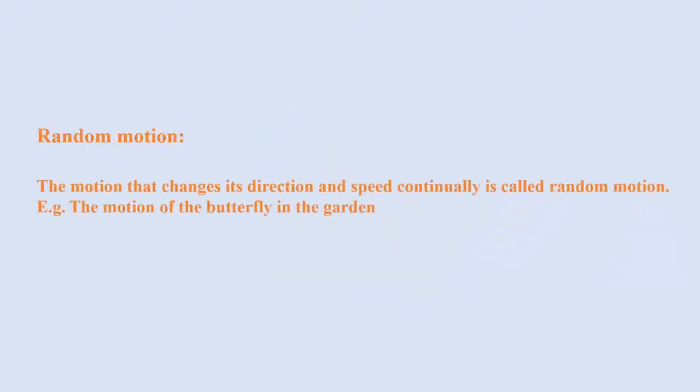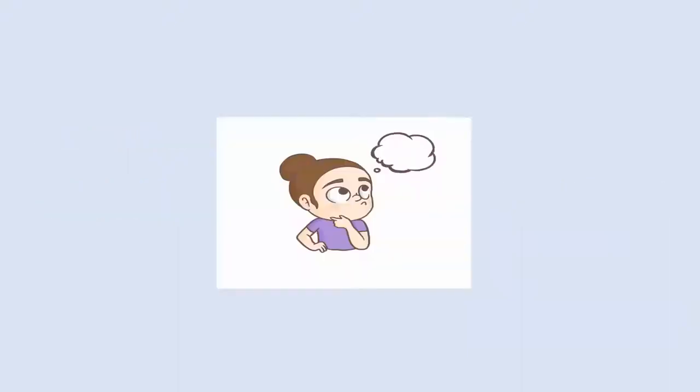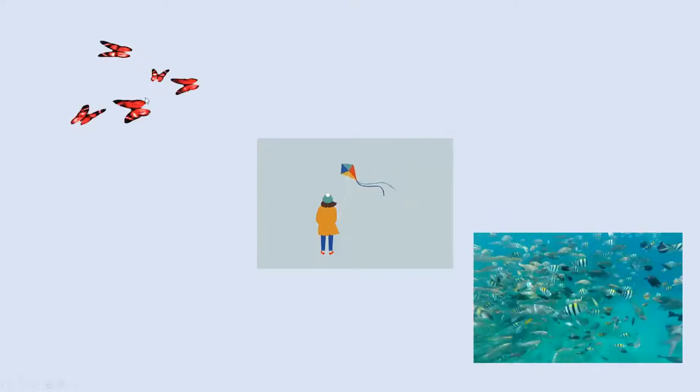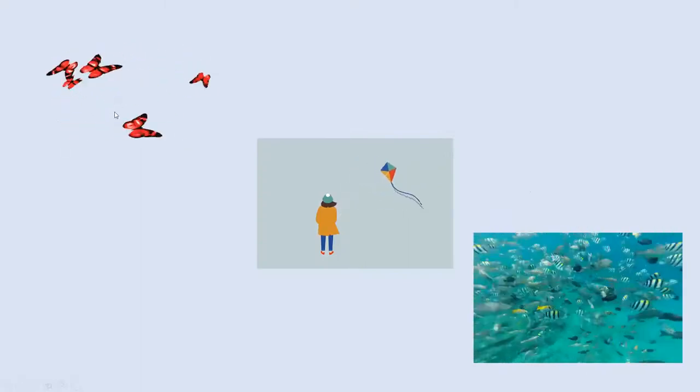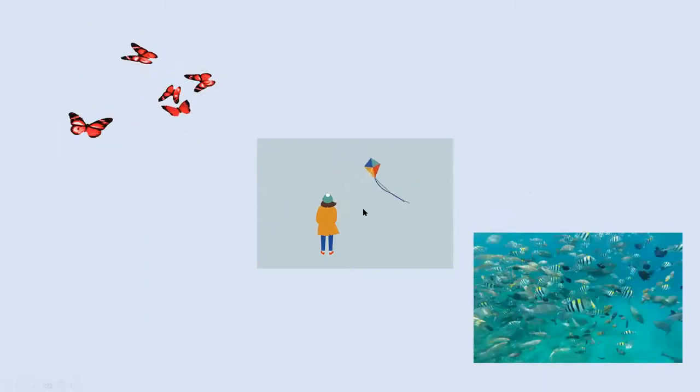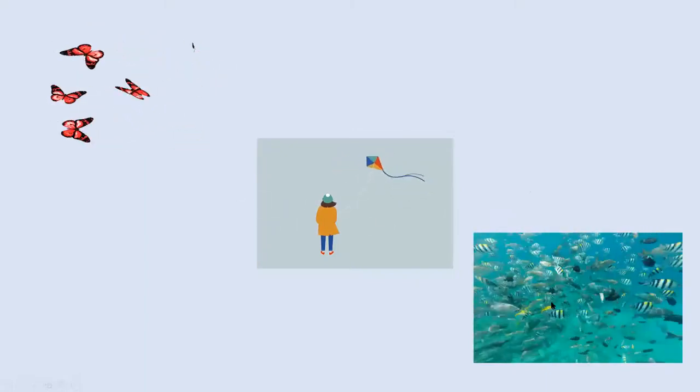Let us see the specific definition of random motion from the textbook. The motion that changes its direction and speed continually is called random motion. So students, as we saw in all these examples, the direction of the object continually changes, and even the speed of the object continually changes.